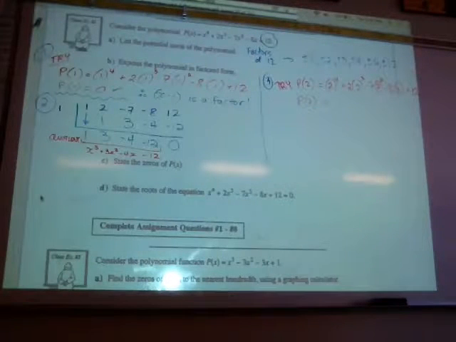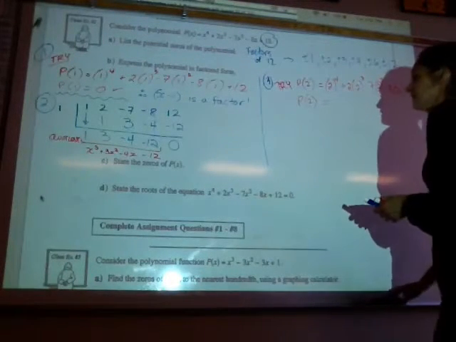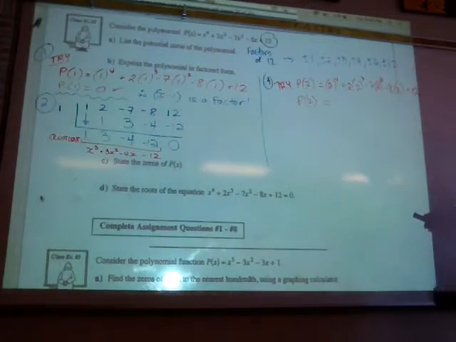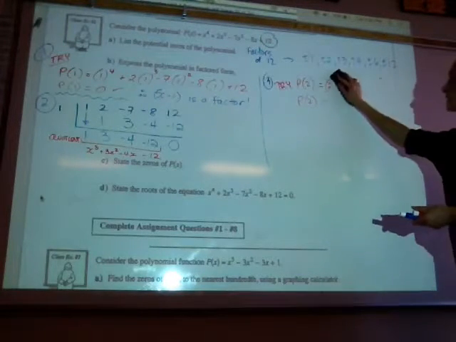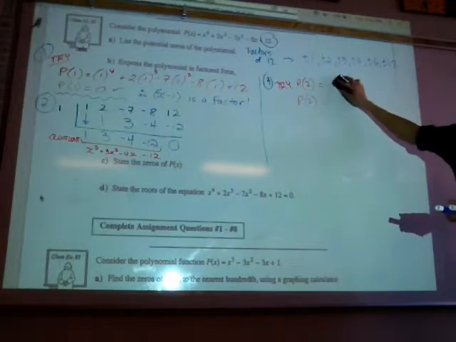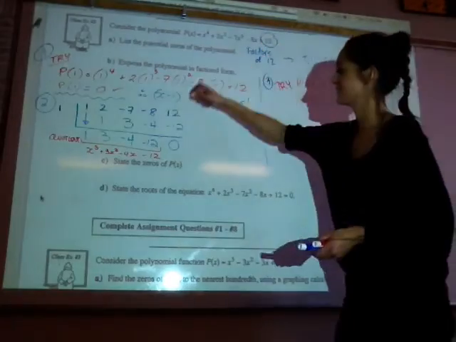So we have 16 plus 16. Wait, why do you do it with the original one instead of the quotient that you got? Sorry, that's what you're supposed to do. But technically, if you subbed in there, you should get 0 too. My apologies. You should have said it earlier. I don't know why I looked back up here.